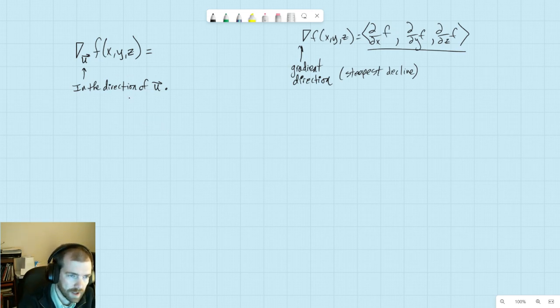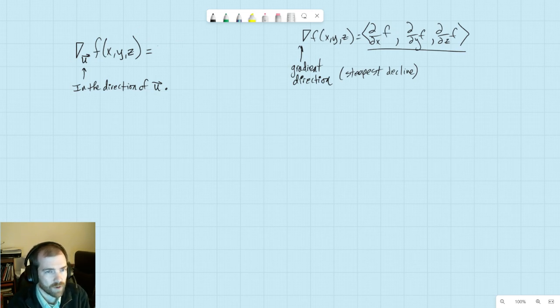All right. Then, if you want it in a particular direction, so let's say I want the derivative of the function in this particular direction instead of in whichever direction is the steepest ascent or descent, then we're going to do the same del f that we did before. However, we're then going to dot it with the u vector divided by the norm of the u vector.